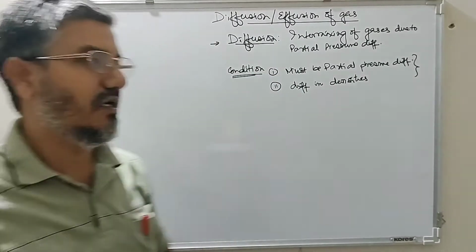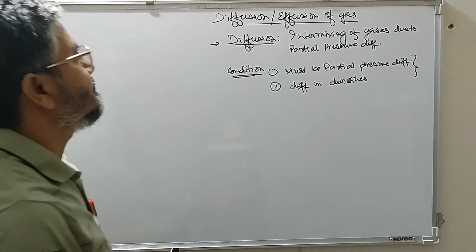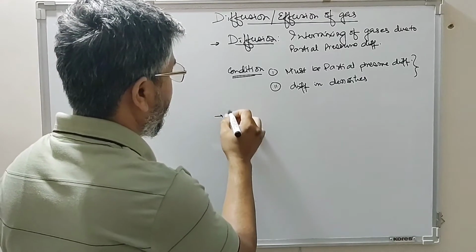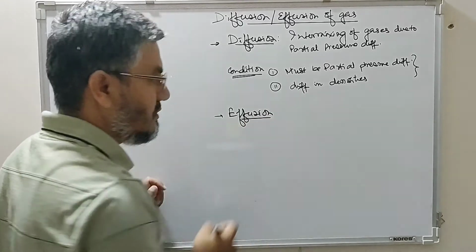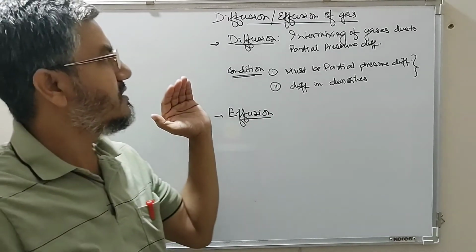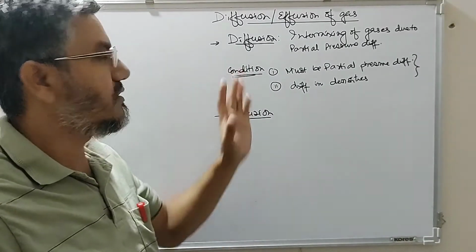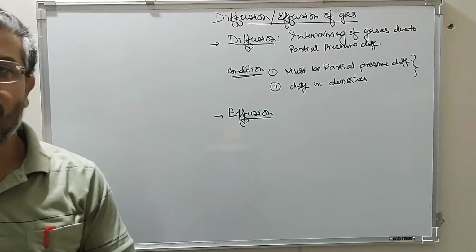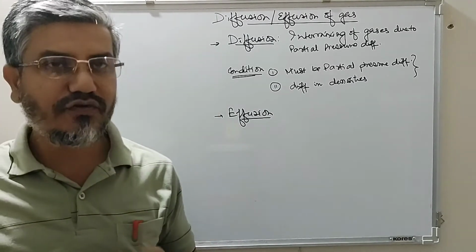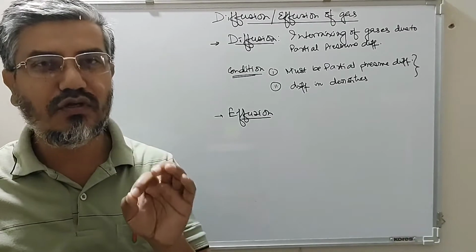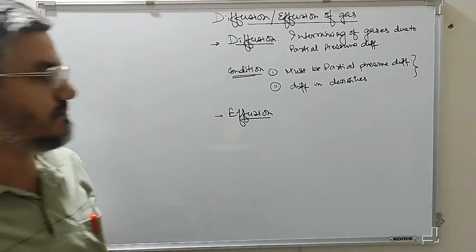Now we also have a term which is known as effusion. Diffusion is a general term. Any intermixing of gases is known as diffusion. But if the movement of gas is through a small pinhole or a small orifice, then that is what we call effusion.